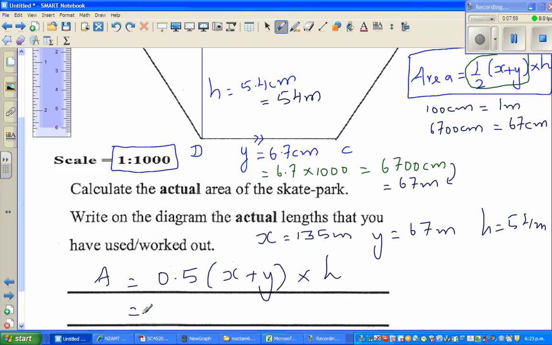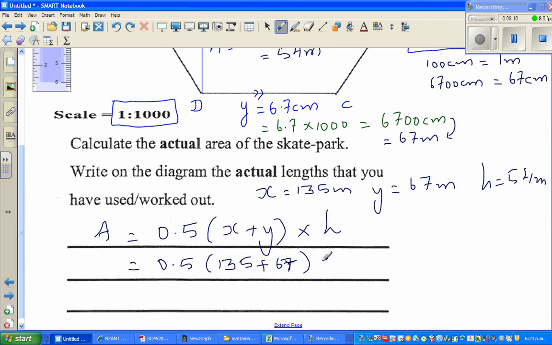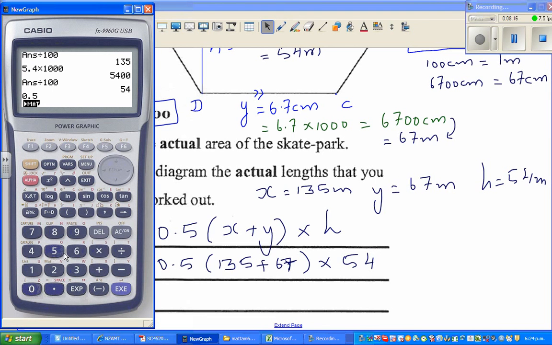So let us put the values: 0.5 times (135 plus 67) times 54. Let's use the calculator.